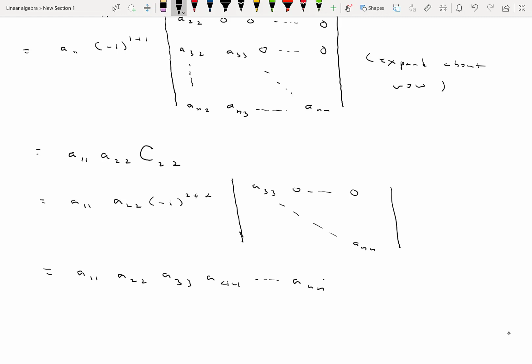So this is really not a complete proof, but you get the idea. We keep expanding about the first row. The only thing that's left is the product of the entries along the diagonal. Okay.